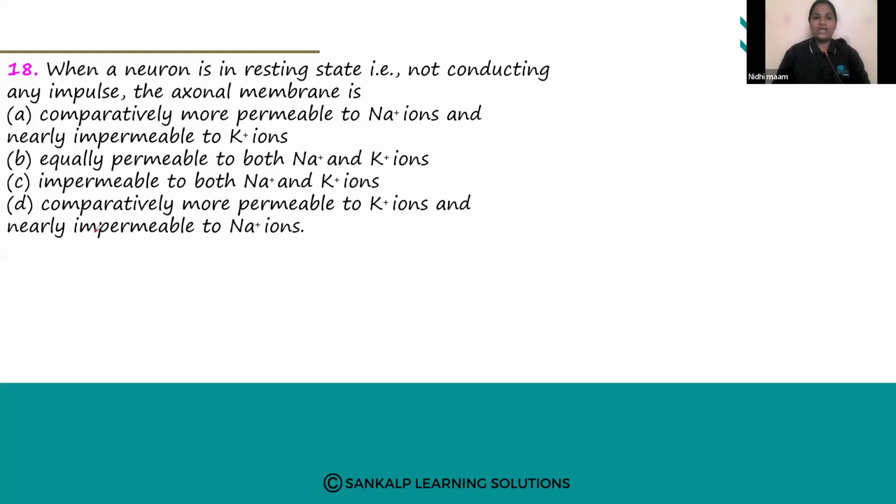So what happens to the neuron in the resting state? Can anyone tell me? When it is not conducting anything, how does its axonal membrane behave? Come on, you can answer this.